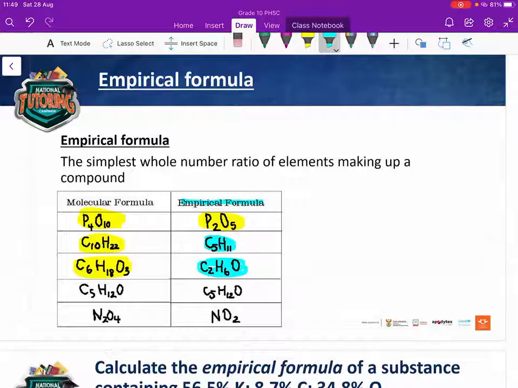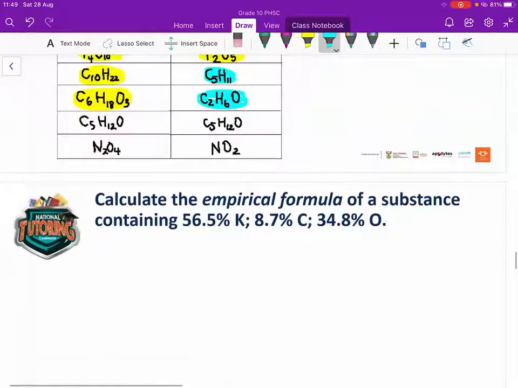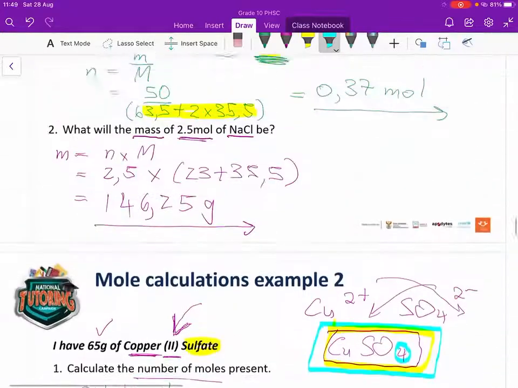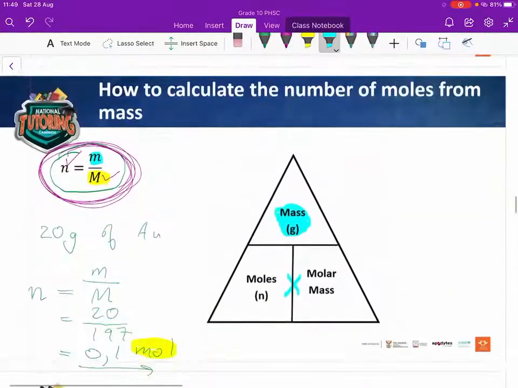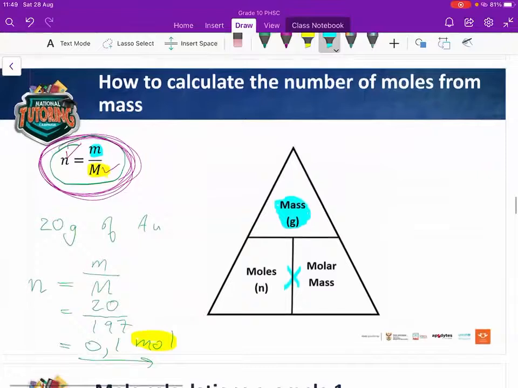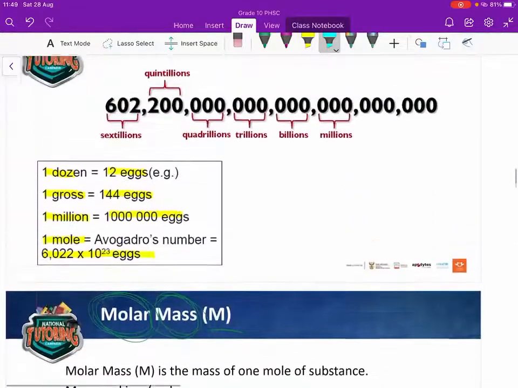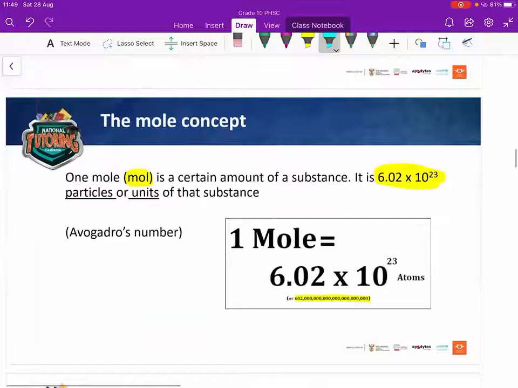So when I begin next week, we will continue with these. There's lots of calculations involving the mole concept. So this was the main point of today's lesson, to understand the mole concept and how to work out the number of moles.